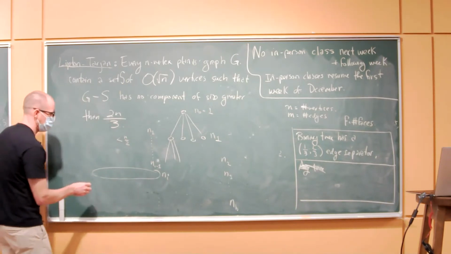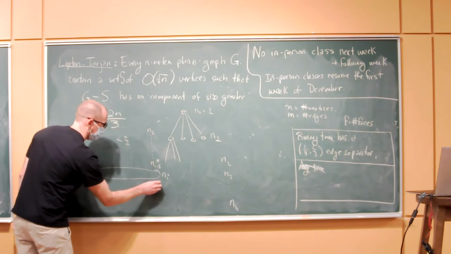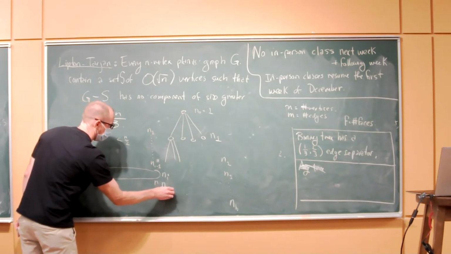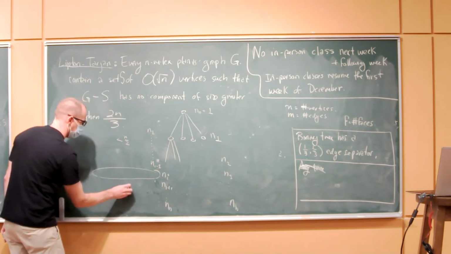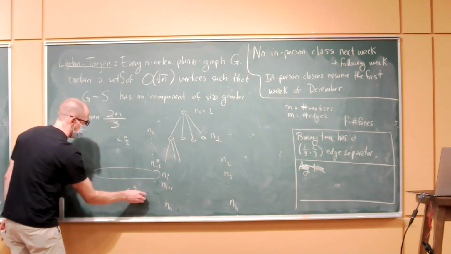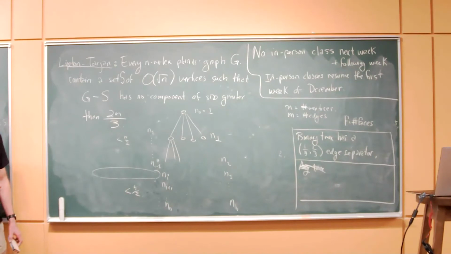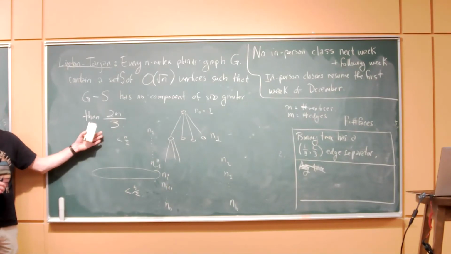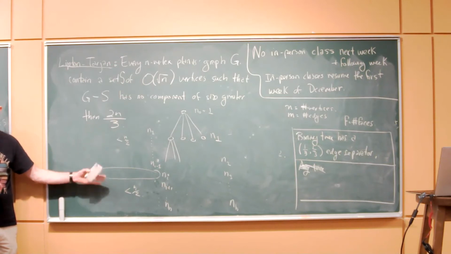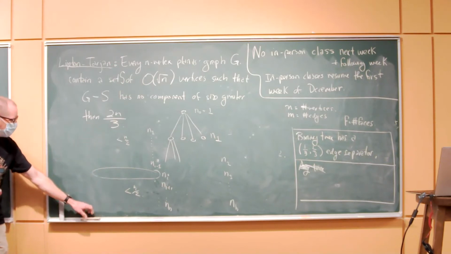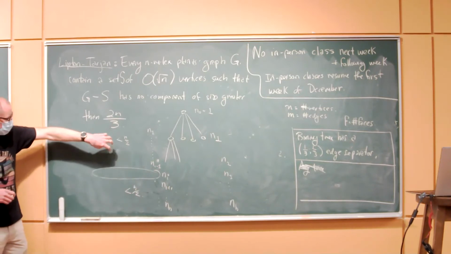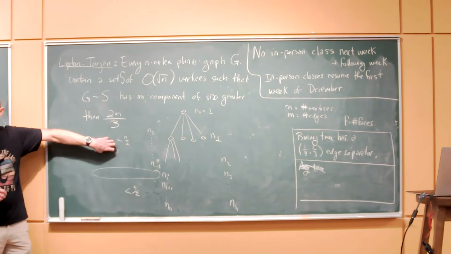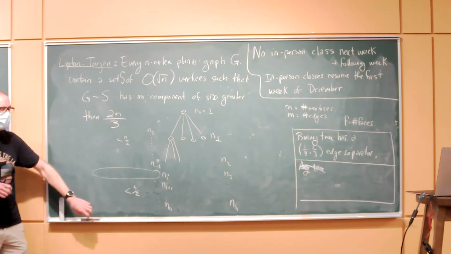And if I add up ni plus 1 up to nh, that's also less than n over 2. And so, yeah, taking away these things would leave me with two things that are of size at most n over 2. And if I take this layer away, then there are no more edges from up here to down here. There are no more paths from up here to down here because there's no edges of length 2.